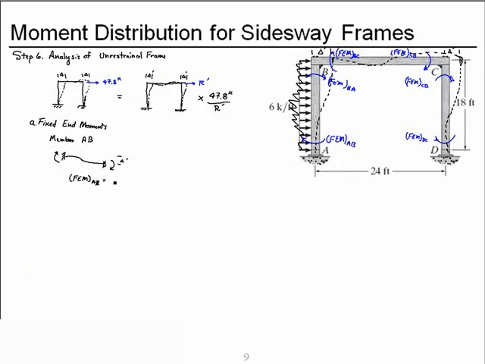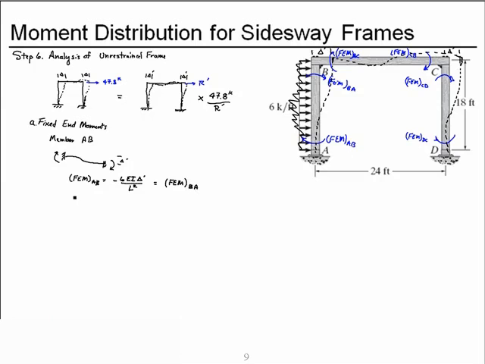So the fixed end moment is a minus 6 EI delta prime over L squared. And that's identical to the moment at the other end. Same sign, same magnitude.